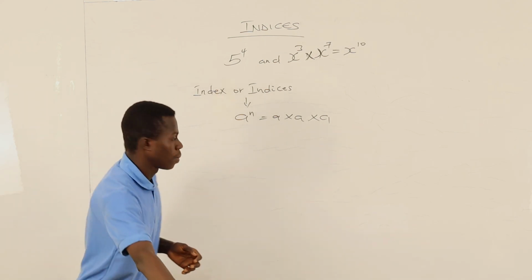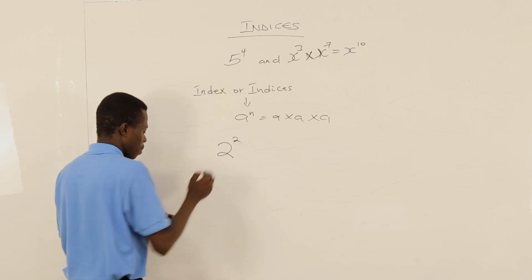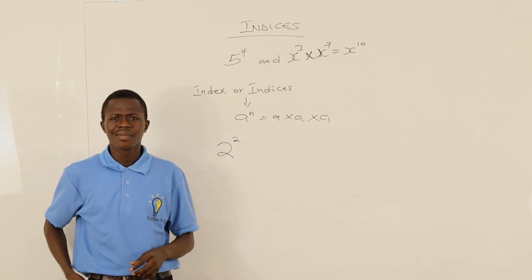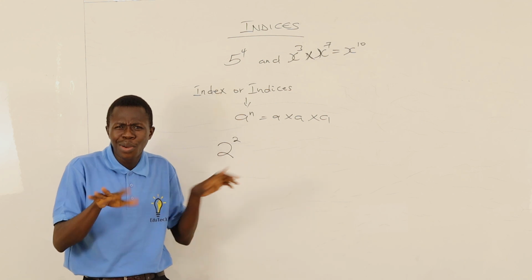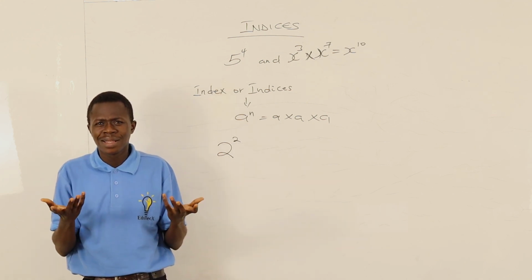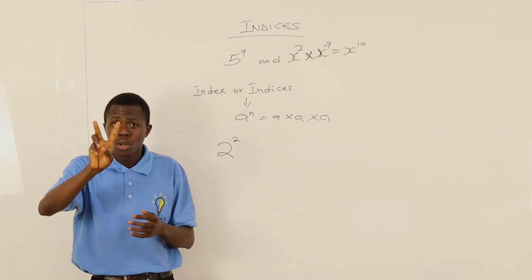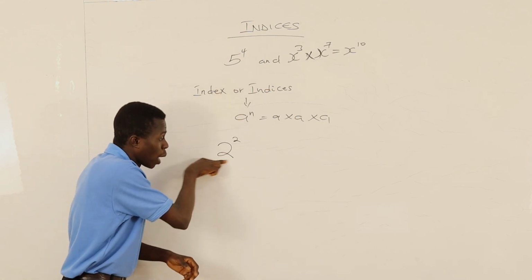If you have an example, maybe 2 raised to the power 2, like you can see on the board, what does that mean?